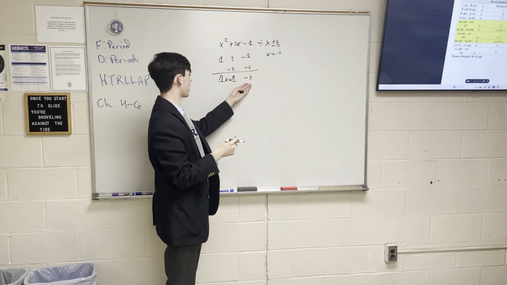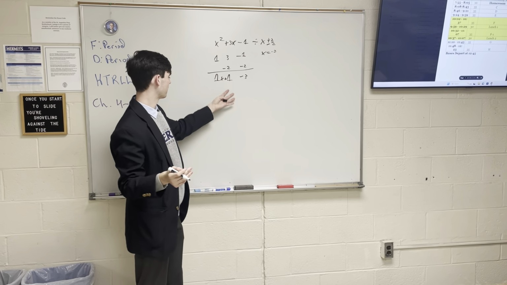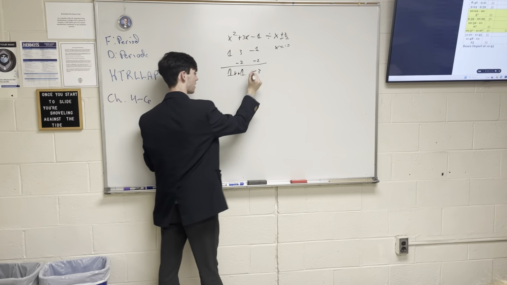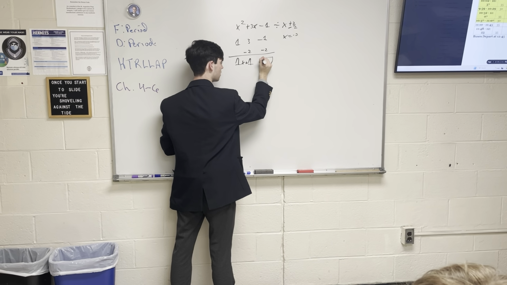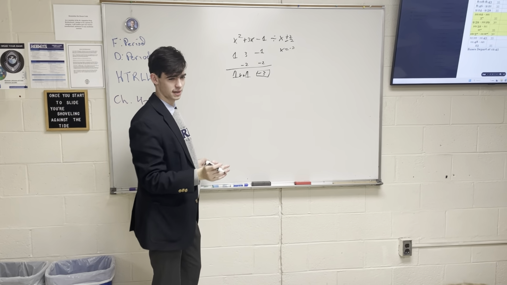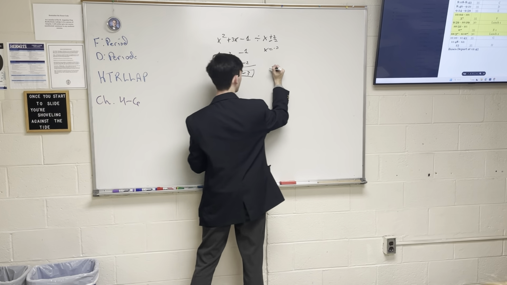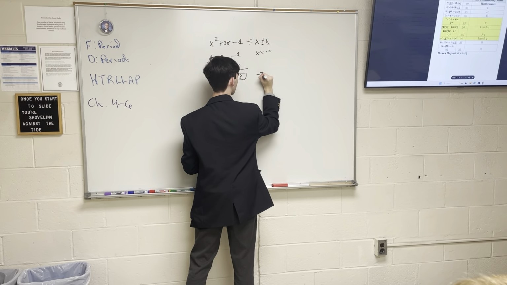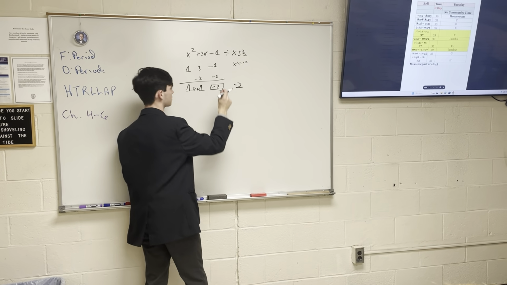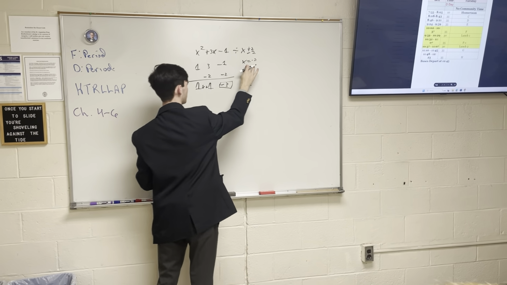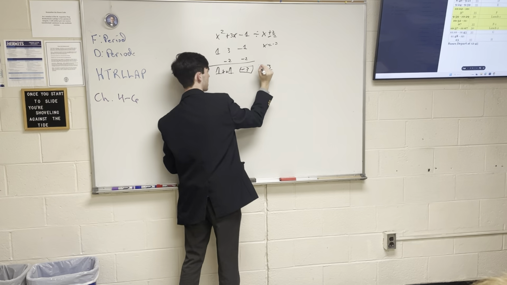And we're thinking, oh, I've got a 1 that I don't have any variable for. What do we do with it? This right here is your remainder. And you're going to do the same thing you did with the long division. You're going to put the remainder over your divisor, specifically in that form.